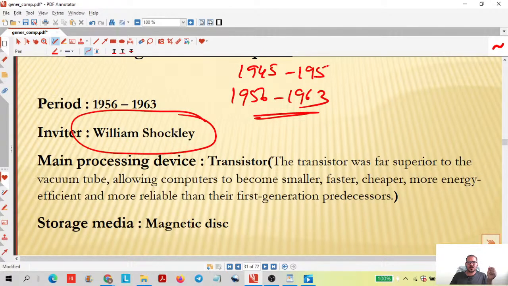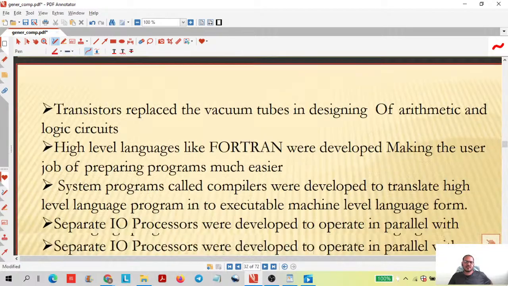In some books it is given differently, with a plus or minus of one year. On the internet you can see 64 or 62, but you can take the one from the textbook, which mentions 1956 to 1963. William Shockley is the inventor of this second generation. Transistor is the main processing device, and storage is magnetic disk.